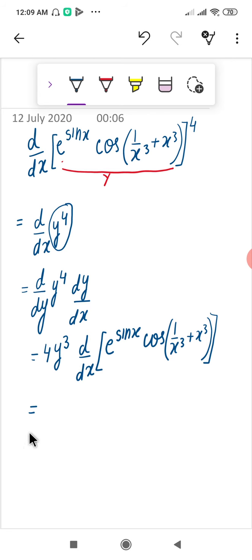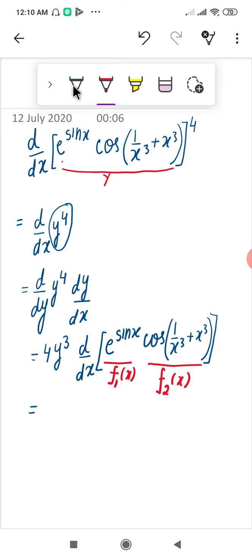Next step, you can see that the function in the bracket is multiplication of two functions. We will say that this is first function of x and this is second function of x.